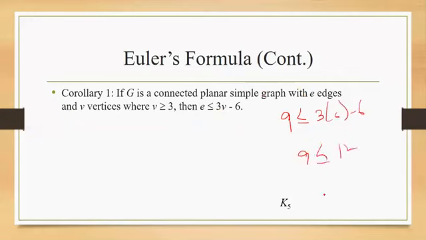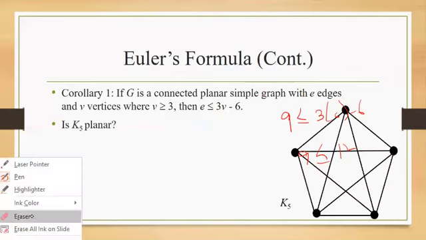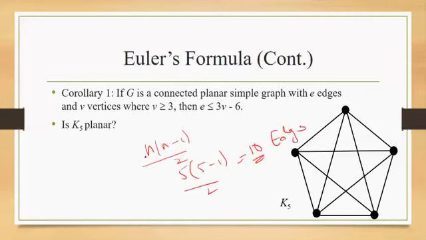But is our K33 planar? Let's take another graph. Is K5 planar? Let's check. The number of edges in K5 will be n into n minus 1 by 2. Why are we taking K5? Because it is a complete graph. So 5 into 5 minus 1 by 2, we have 10 edges. This is the formula to find the number of edges in a complete graph.